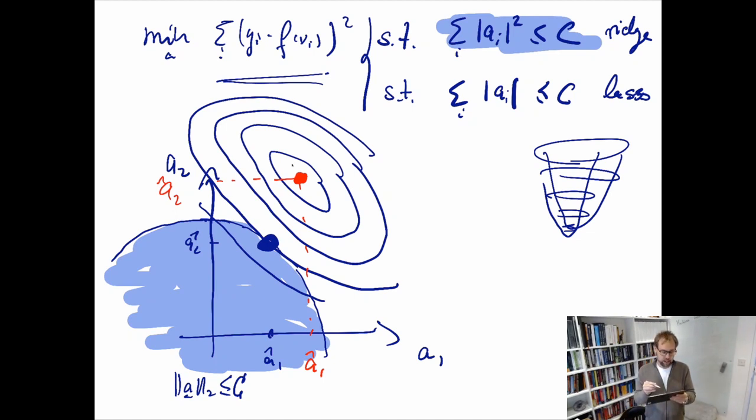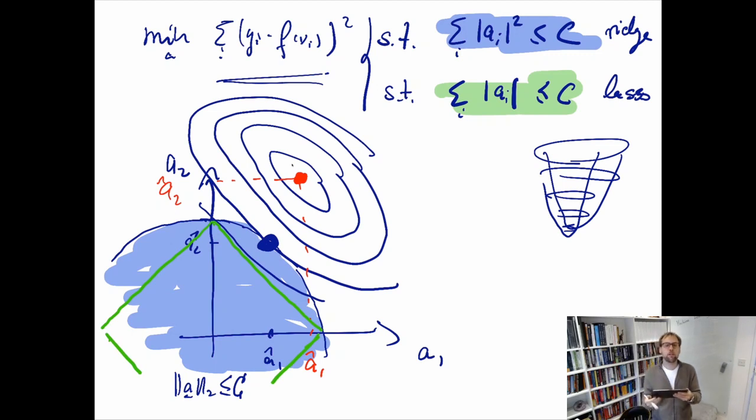And what you can actually see is that for an L1 constraint, which would be this one here, it's difficult to draw. The L1 constraint will look a little bit like this diamond shape.